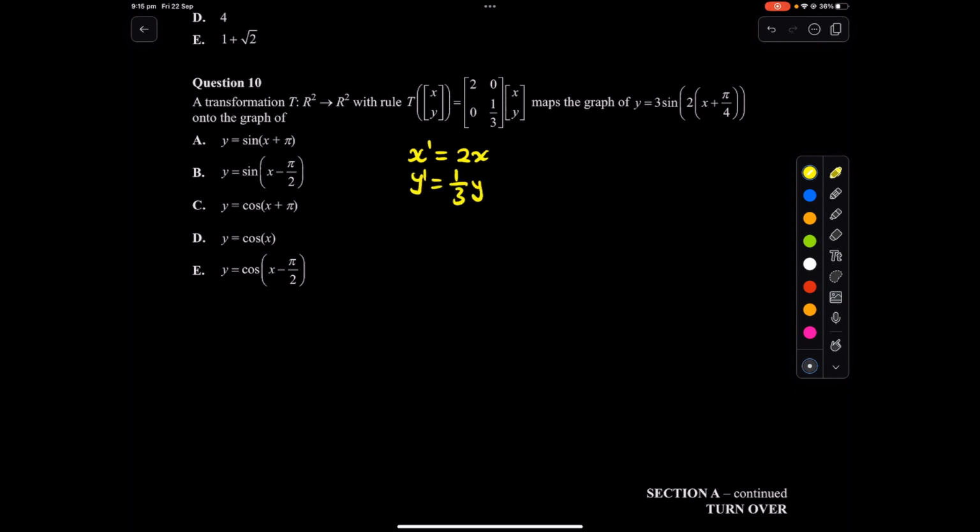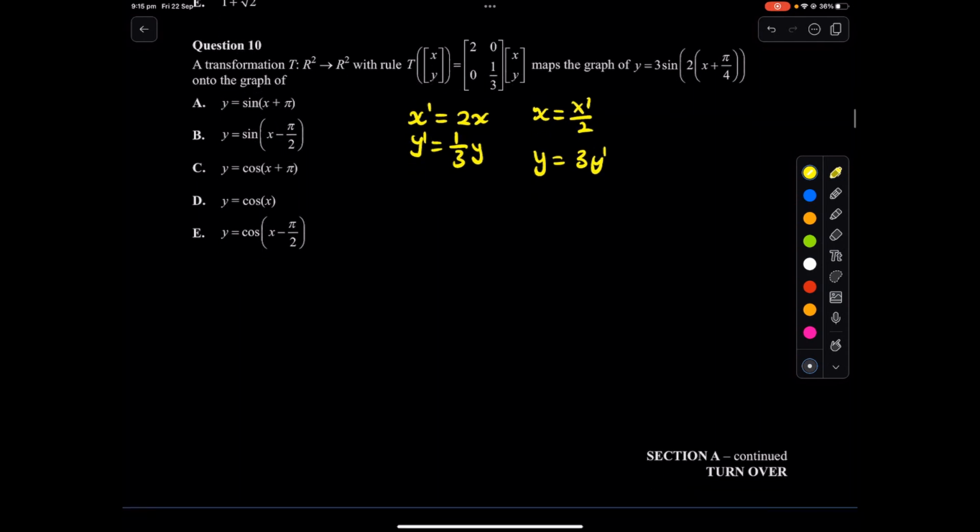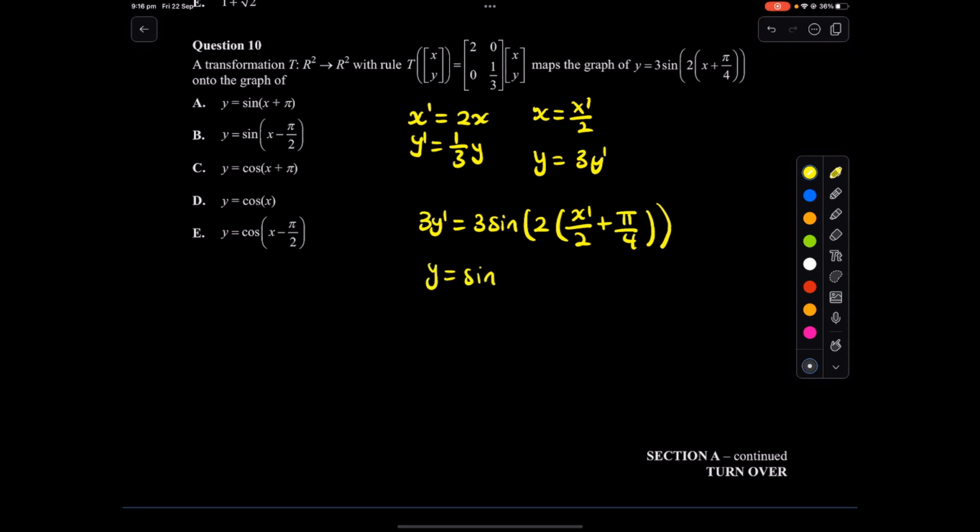So we're saying that x is x dash on 2, and y is 3y dash, and if we sub those in, we'll get 3y dash equals 3 sine of 2 x dash on 2 plus pi on 4. So y equals sine of x dash plus pi on 2.